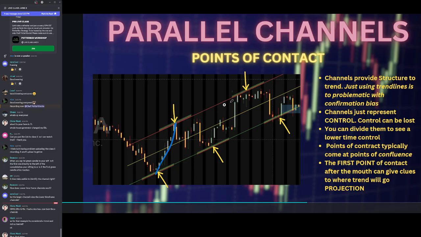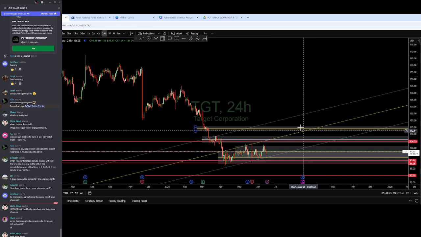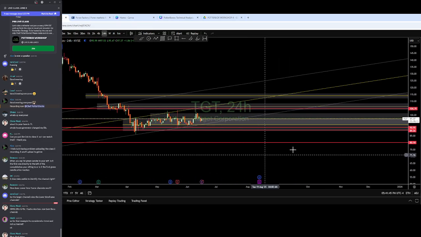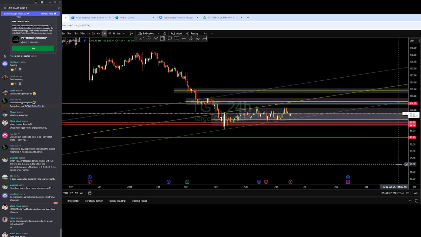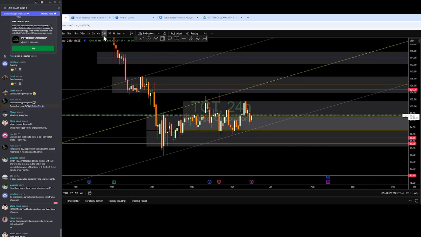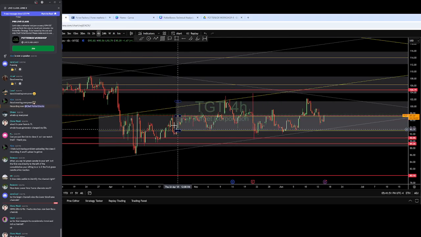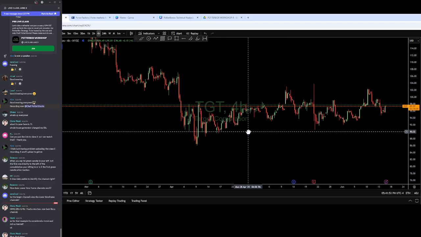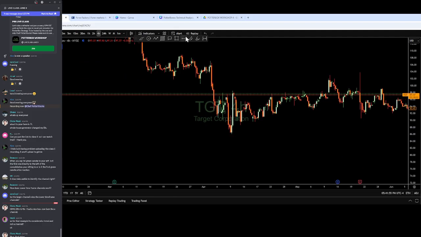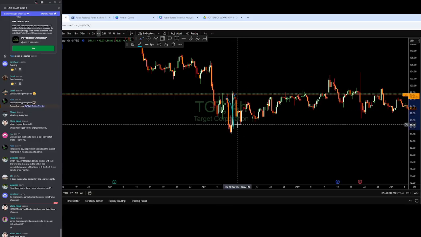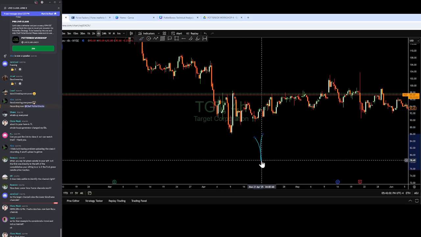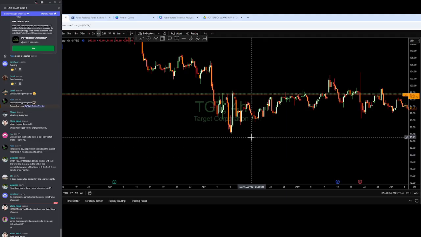If I can find channels or something like a base, let's go back and look at Target. We'll go down here to the 4-hour. Let me show you what I mean. This is by definition what I'm explaining to you, right? That's a mouth. This is a wide fluctuation in price that establishes trend.